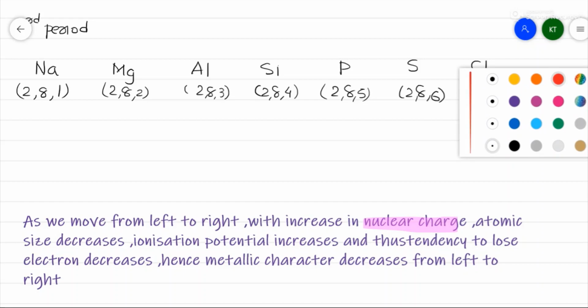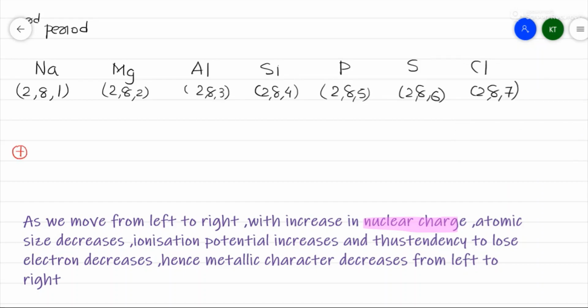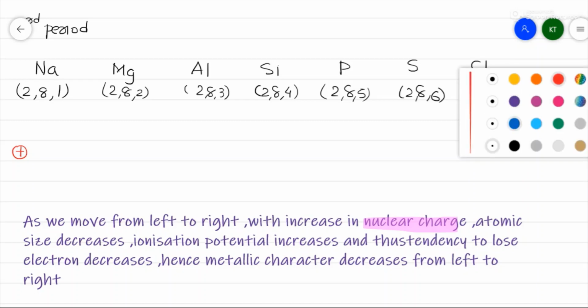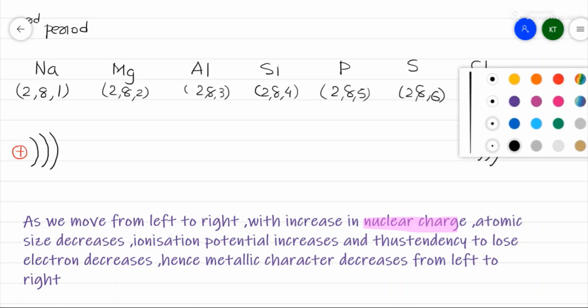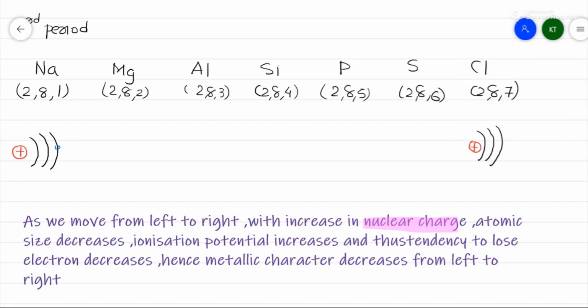So I have this as the nucleus of sodium, this as the nucleus of chlorine, and these are the shells. First shell, second shell, third shell. Sodium has got only 1 electron in the valence shell, whereas chlorine has got 7 electrons in the valence shell.